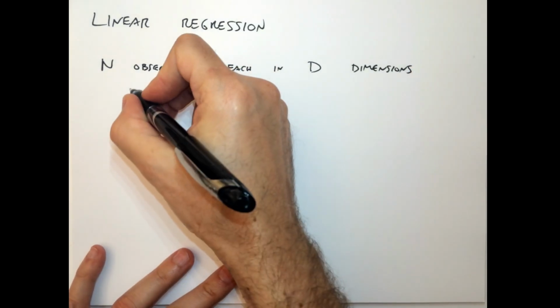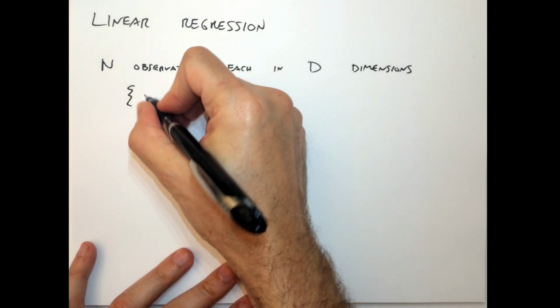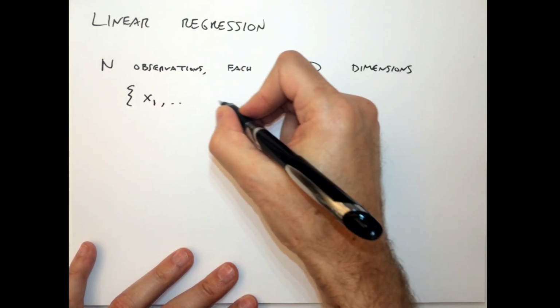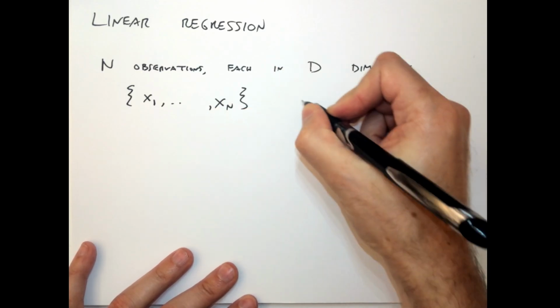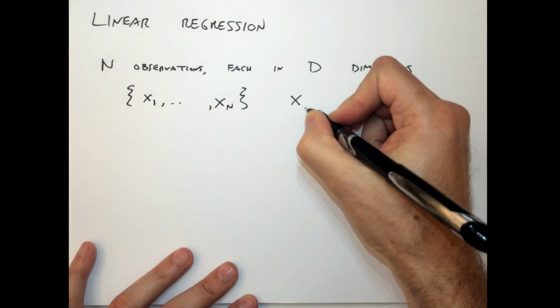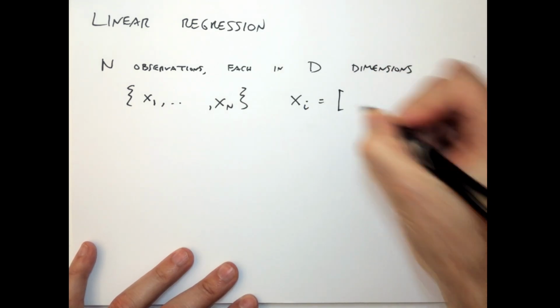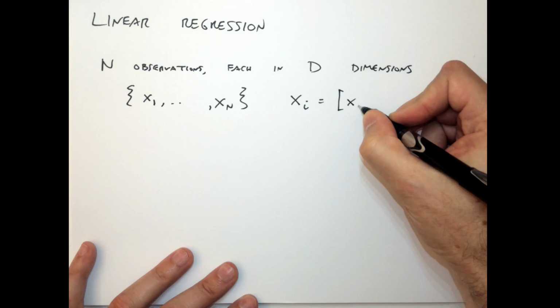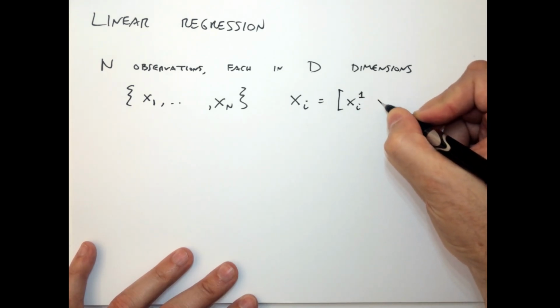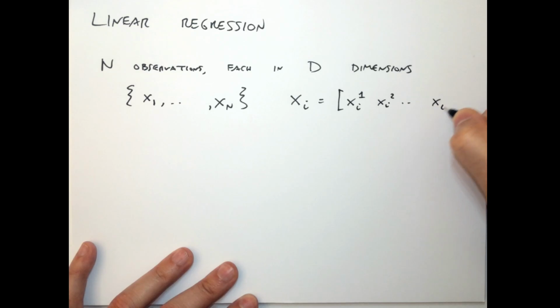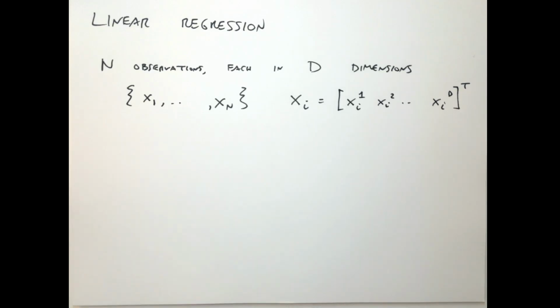And I'm going to think about this as a set of observations, x1 through xn, and then each xi is actually a vector of data, right? xi dimension 1, xi dimension 2, ... xi dimension d. And usually I try to think about these as column vectors, and I try to keep that notation throughout. Depending on what we're doing, I may find myself switching back and forth between row and column vectors. Hopefully it's clear from context, okay?